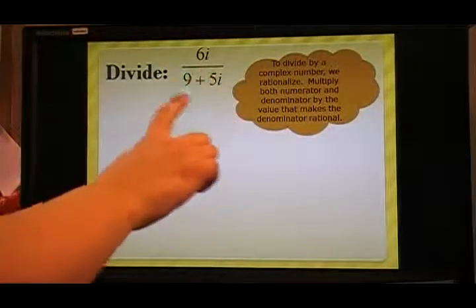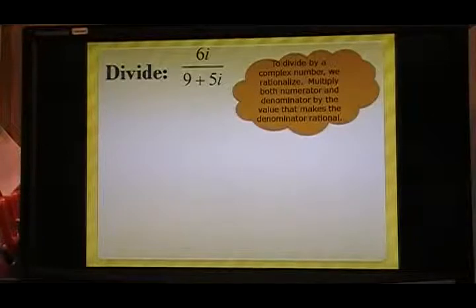This is a complex number. If you've got an i in there, it is not a rational number. So to rationalize, we are going to have to rewrite an equivalent fraction that doesn't have an i in the denominator.